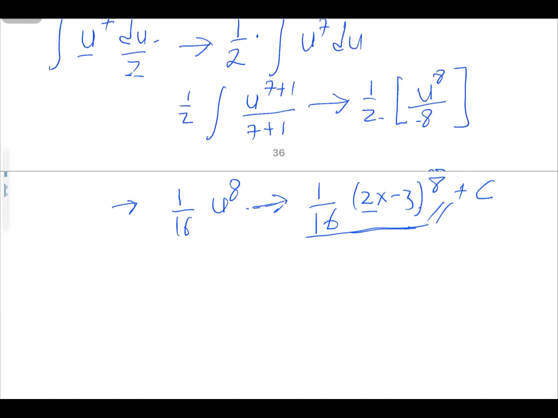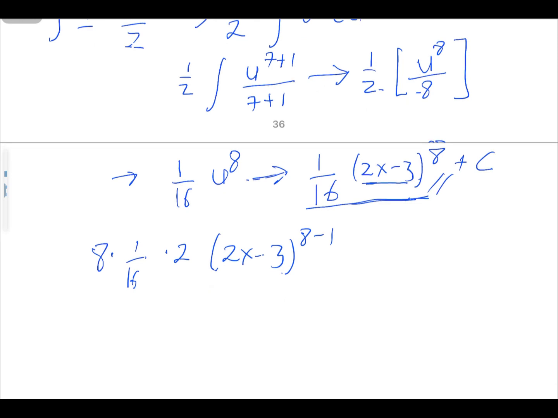So let's do it quickly so that we can end this tutorial and move on to the next tutorial. So applying differentiation here, I'll have my power, which is 8, multiplied by the constant outside there, which is 1/16, multiplied by the differential of whatever is in the bracket, which is the differential of 2x minus 3, which is 2, and then I take the whole function, which is 2x minus 3, and then the power is going to be 8 minus 1.